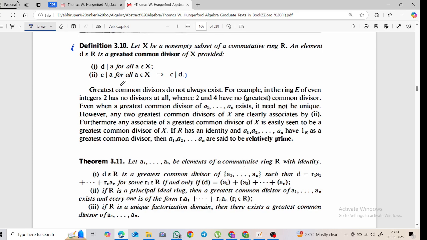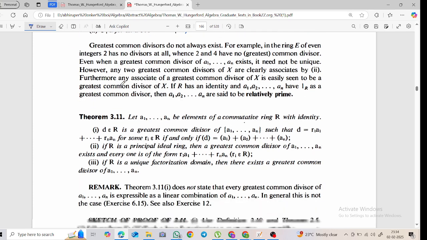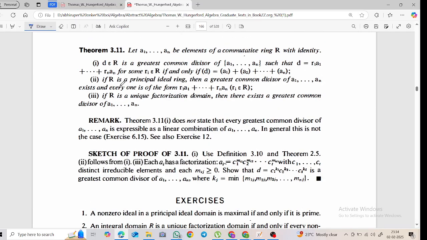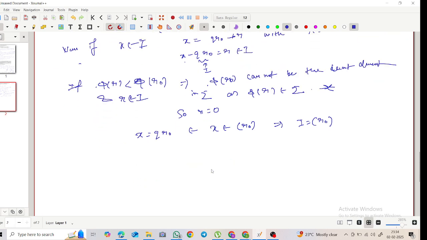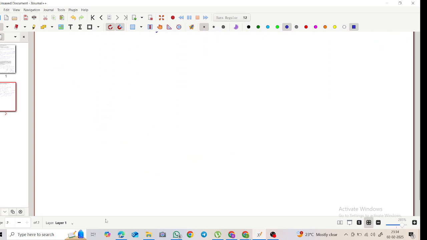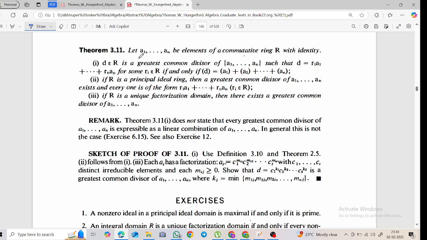Another thing which is very important is this GCD, yes, this theorem, this is very important.